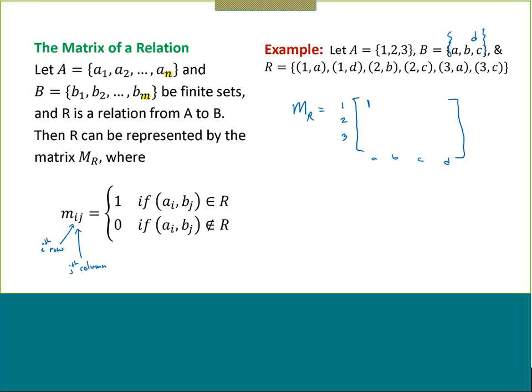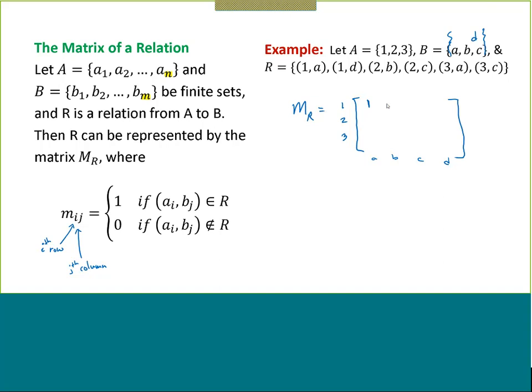Now, second position, first row. This would correspond to the ordered pair 1B. Do we have a 1B in this relation? Hint, there's only two possibilities, yes or no. You've got a 50-50 shot of guessing it right.